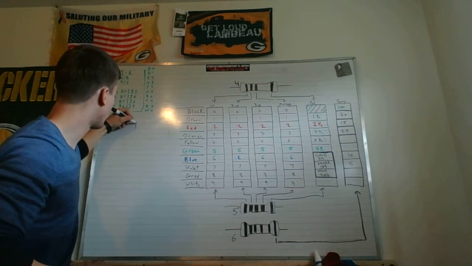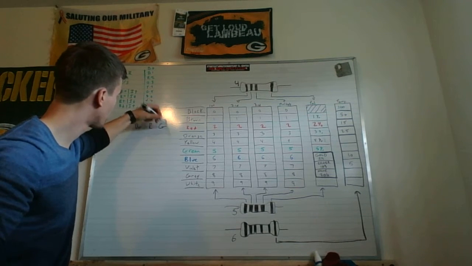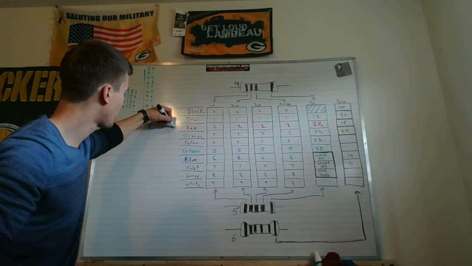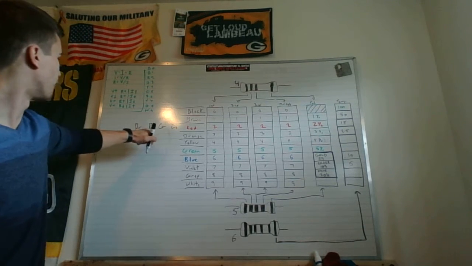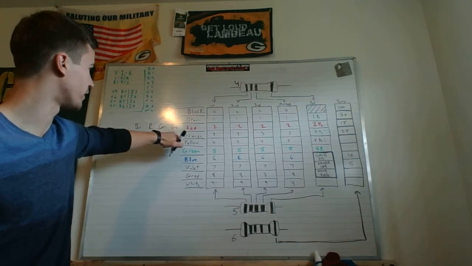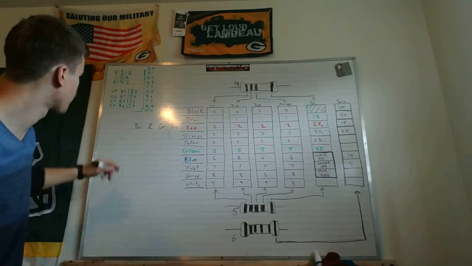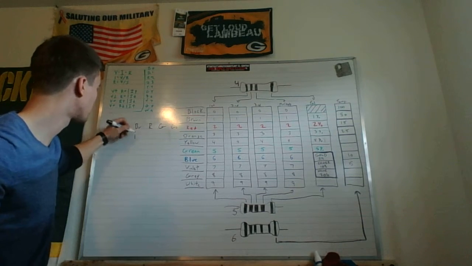Alright, so let's say we have a brown, red, green, and gold color resistor. The first two colors are the digits themselves. Third color is the multiplier. Fourth color is tolerance. So first color, we see brown, correlates to 1.